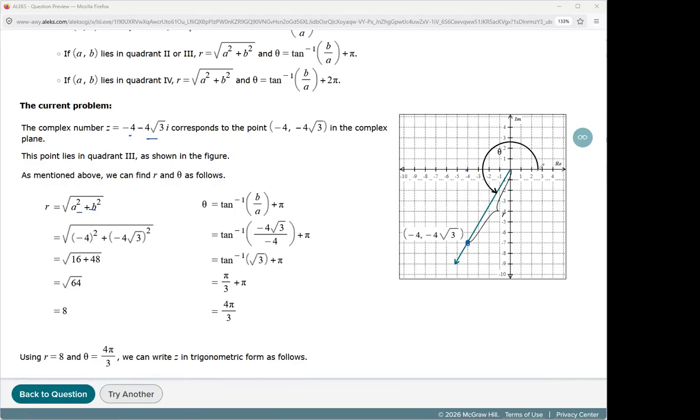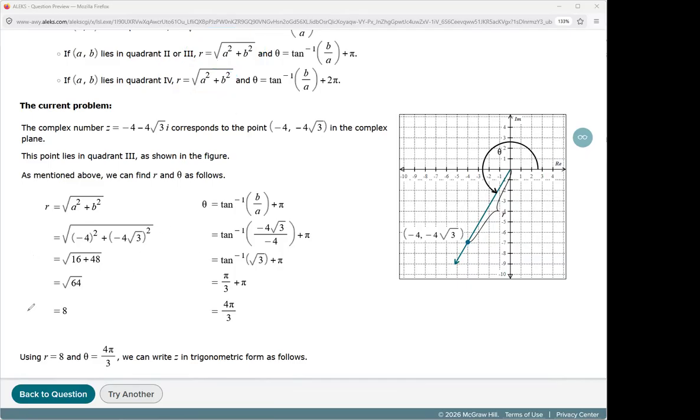So now we know it's in quadrant 3, and we can find the length by finding r if we need to. But since it's in quadrant 3, we have to follow this formula here. It says if it's quadrant 2 or 3, use this one. If it's 4, use that one. So pretty easy. Almost all are the same.